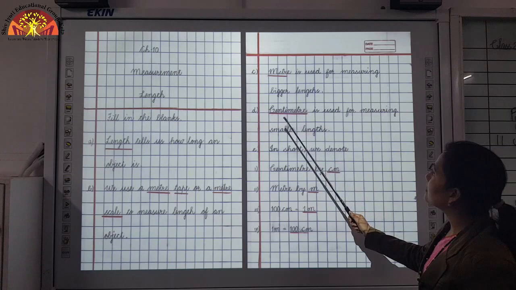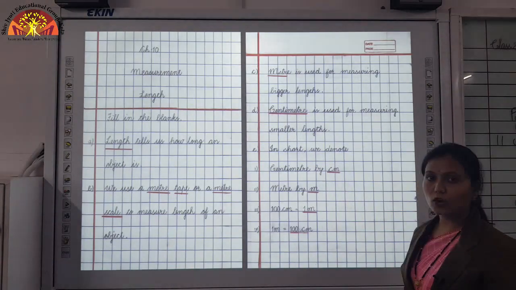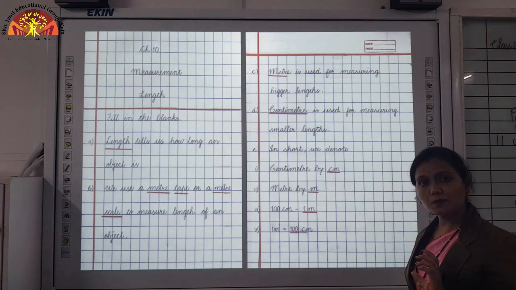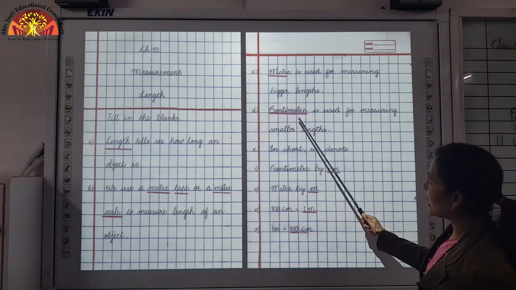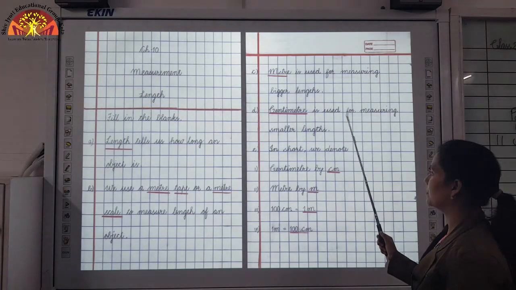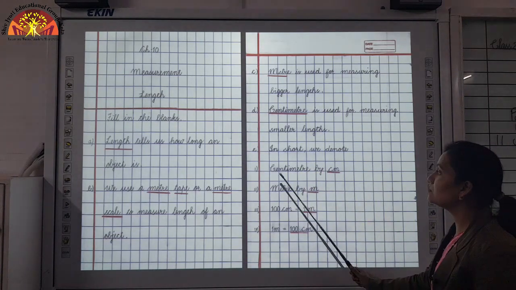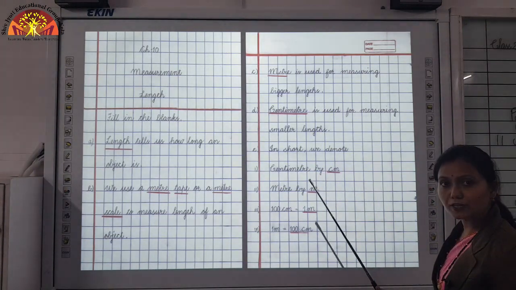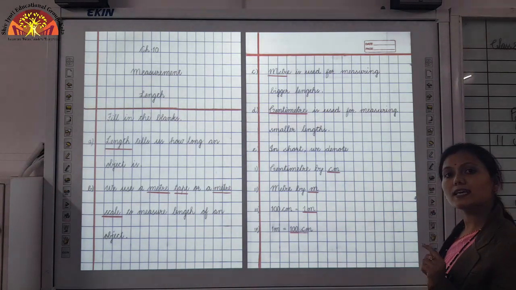Next, dash is used for measuring smaller length. Now, smaller lengths are measured in centimeter. So, we will write here C-E-N-T-I-M-E-T-R-E, centimeter.